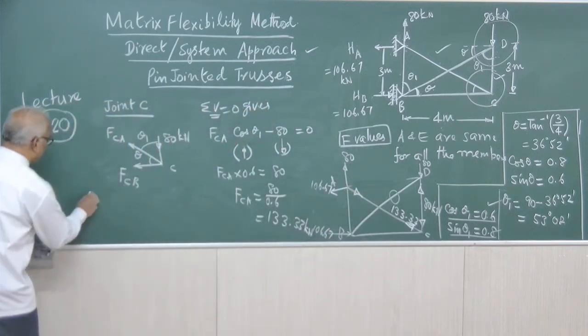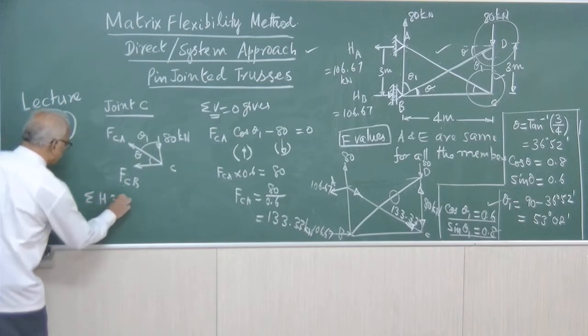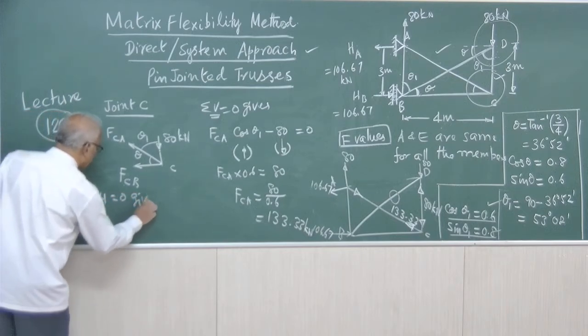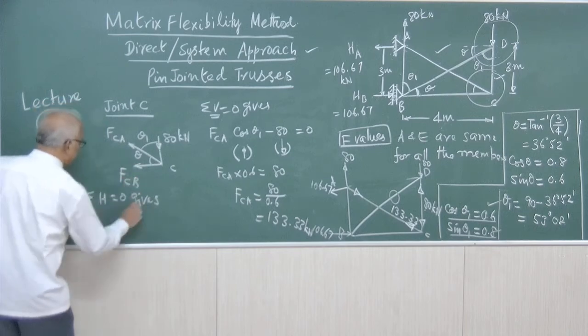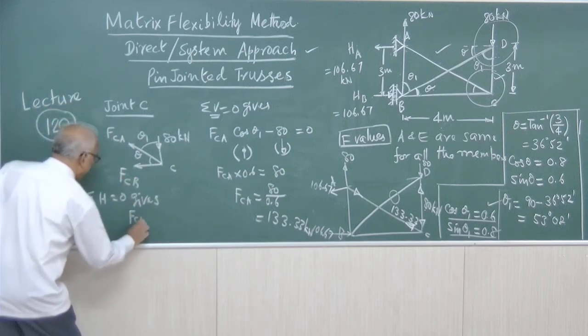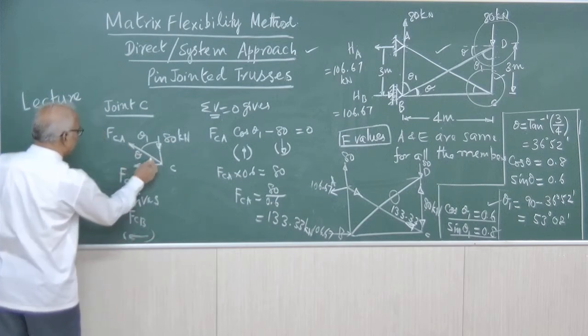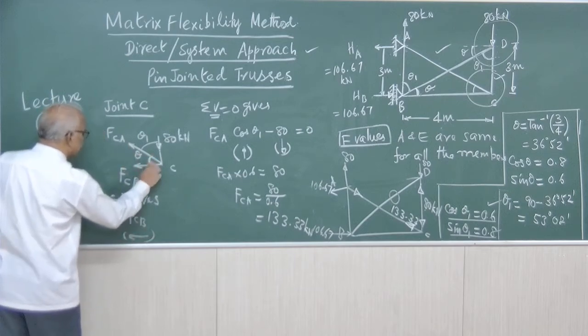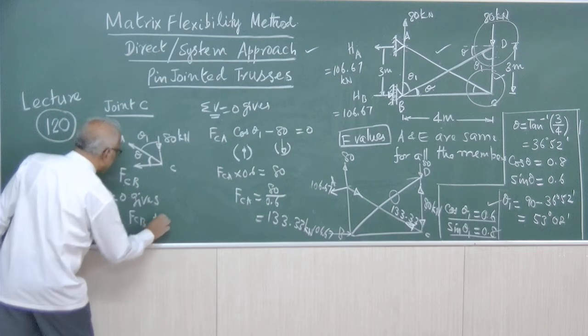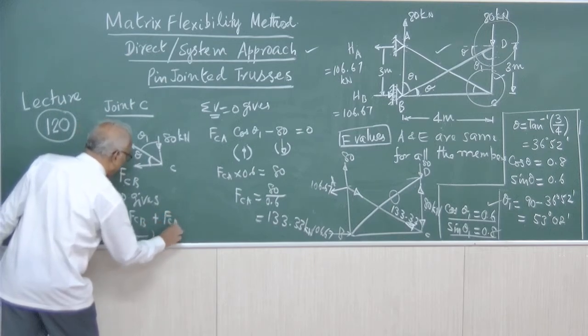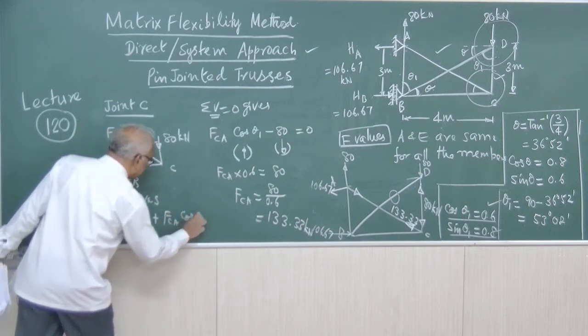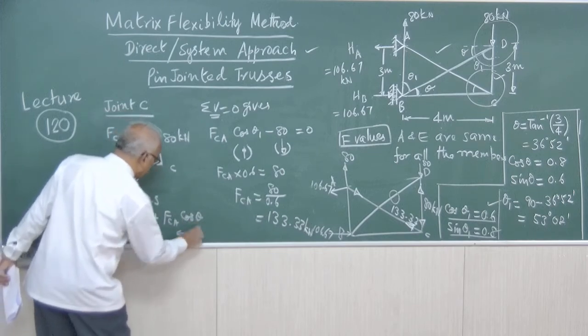Next, sigma H equal to 0 gives FCB is towards left. Now FCA into cos theta, theta is with the horizontal. So plus FCA into cos theta, this is also towards left.